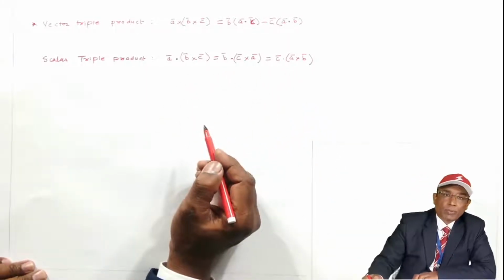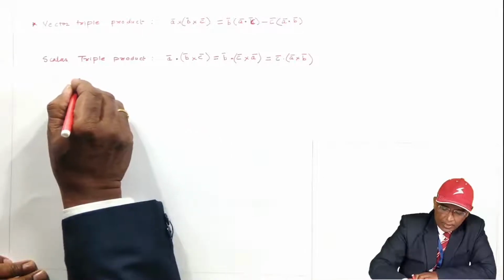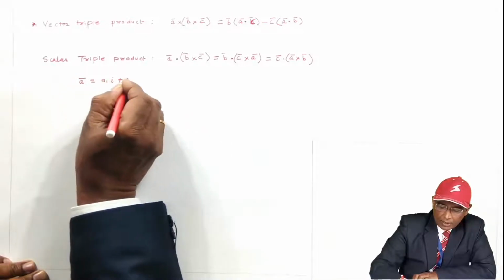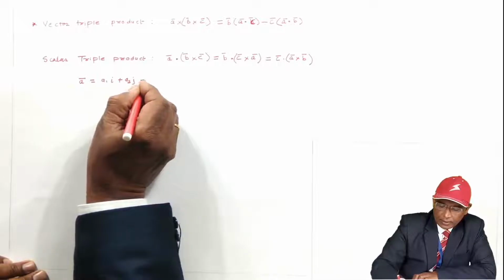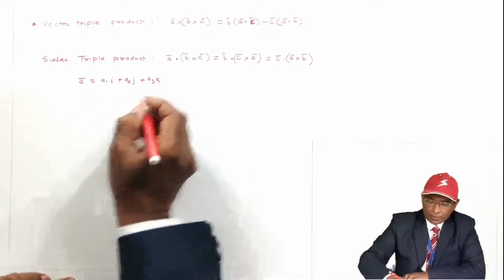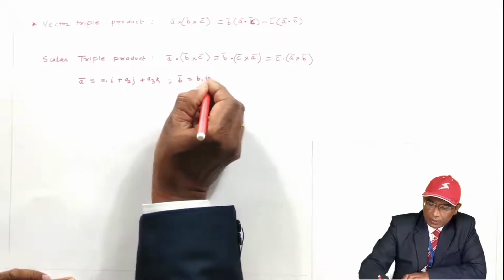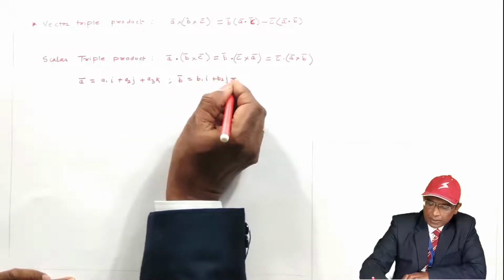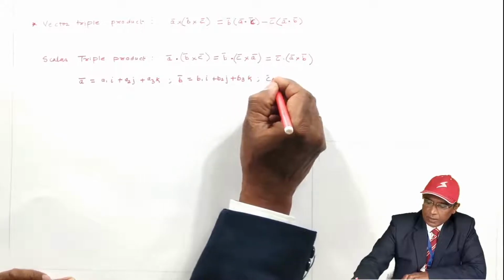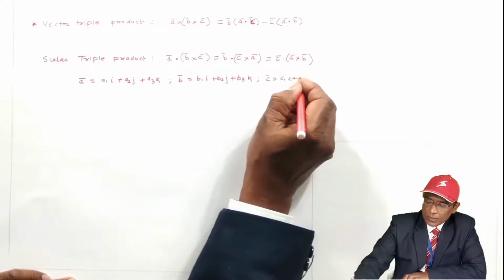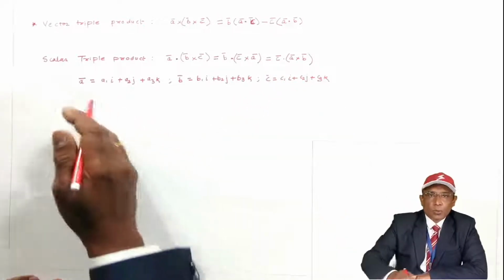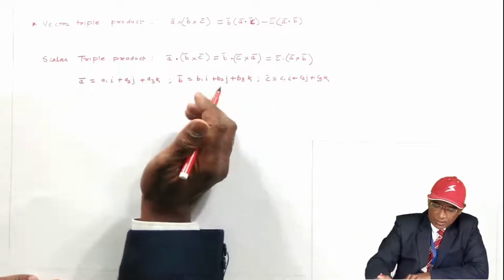Now the component wise, if a bar is a1 i, a2 j, a3 k, vector b bar is b1 i, b2 j, b3 k, and c bar is c1 i, c2 j, c3 k. In terms of component, I have written these three vectors.